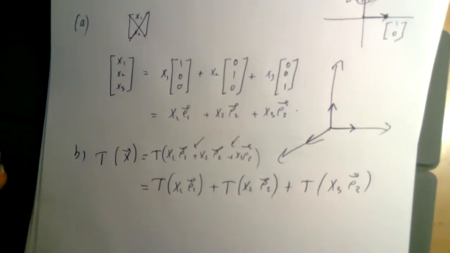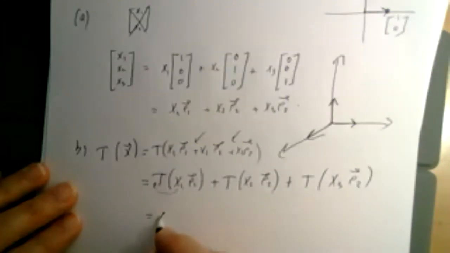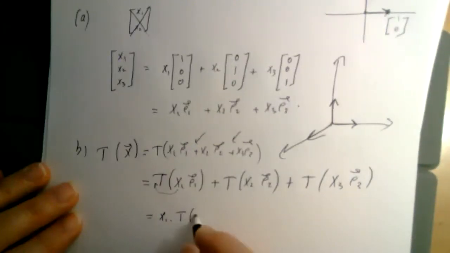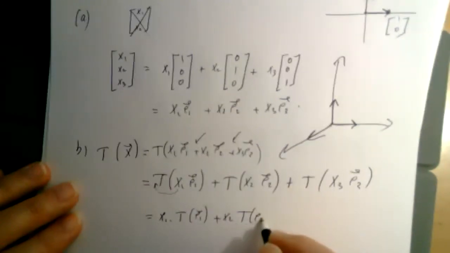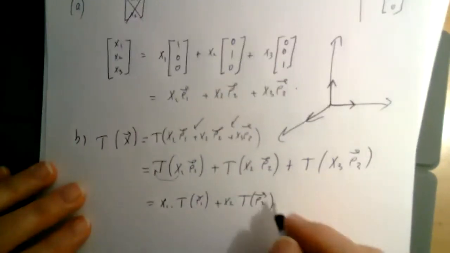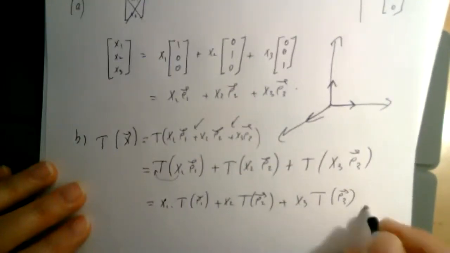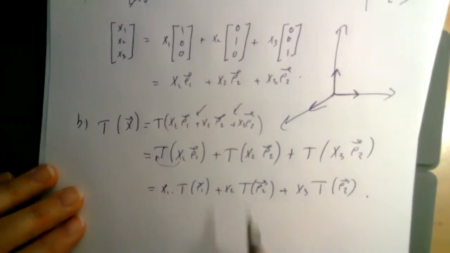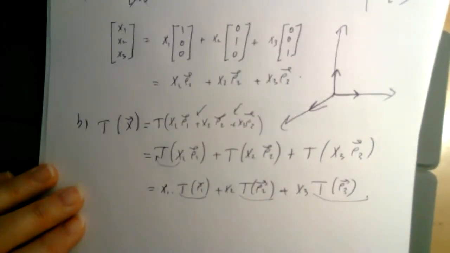We can totally break the sum. Linearity tells me that you can take the scalar out as well. So that's going to give me x1 T of e1 plus x2 T of e2 plus finally x3 T of e3.